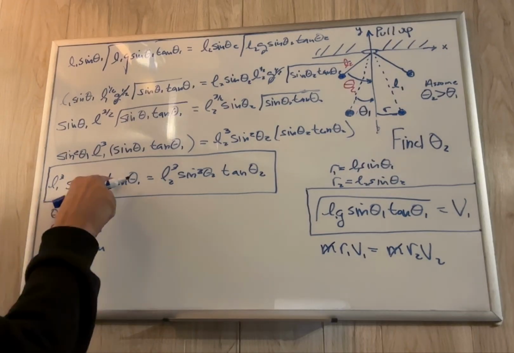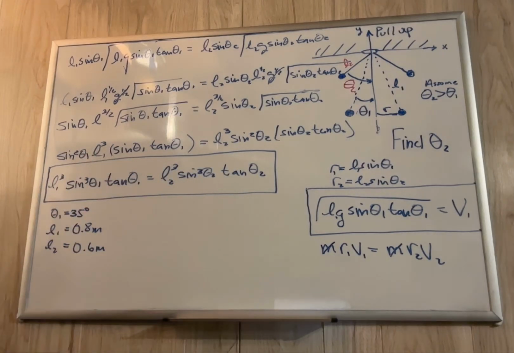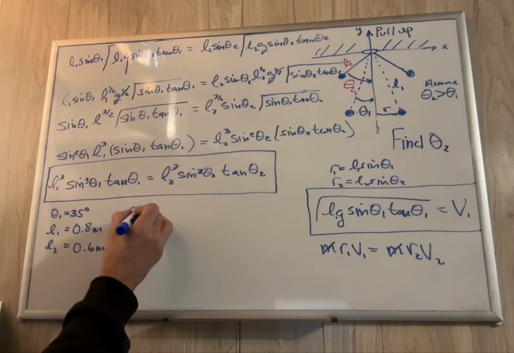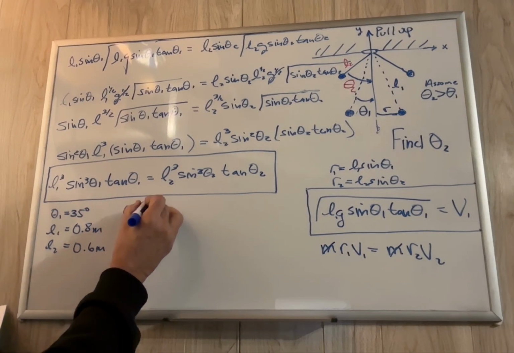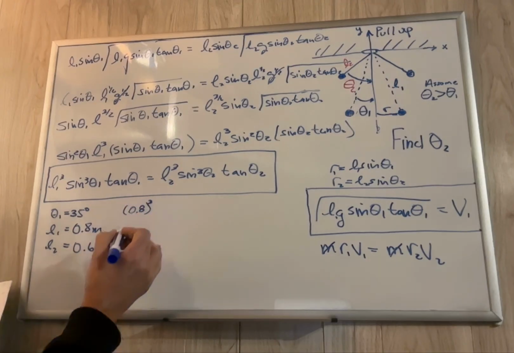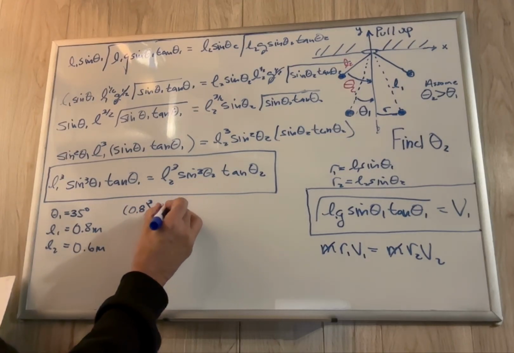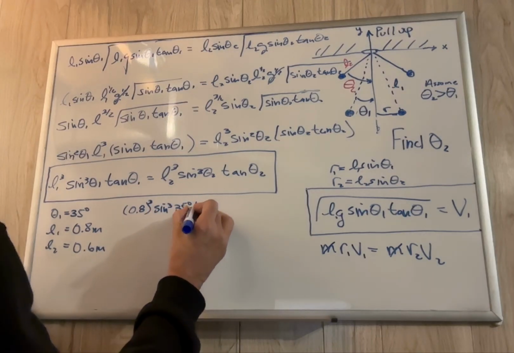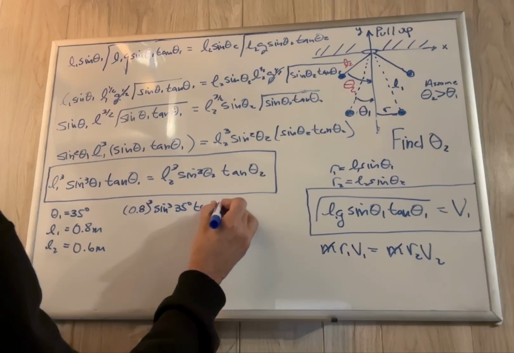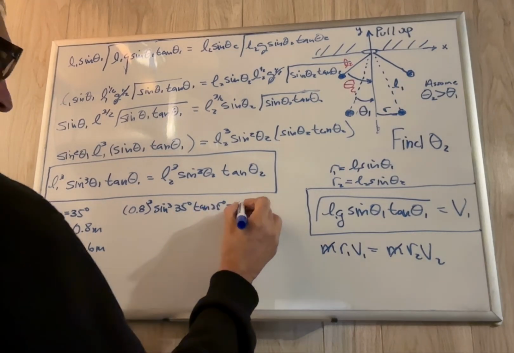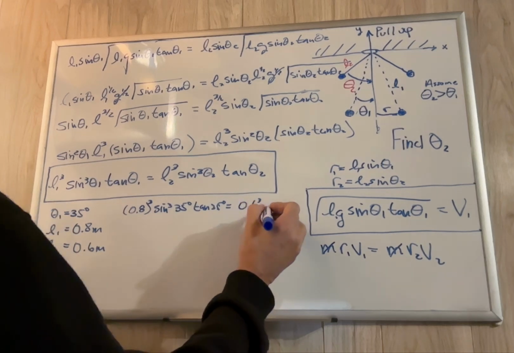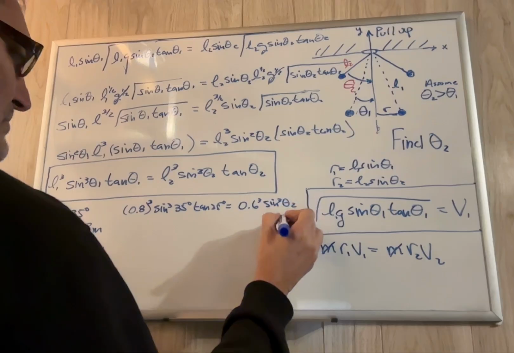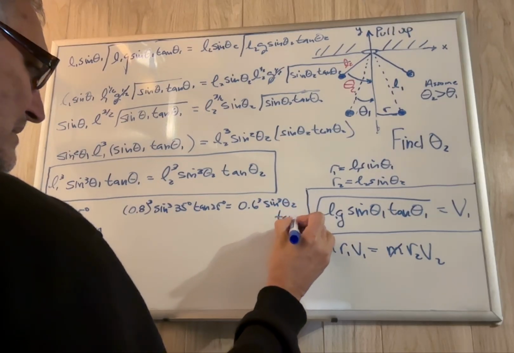Anyway, so if we put these numbers into this thing, it's going to look a little scary, but 0.8 cubed times sine cubed of 35 degrees times tan 35 degrees is going to be equal to 0.6 cubed times sine cubed theta 2 times tangent theta 2.